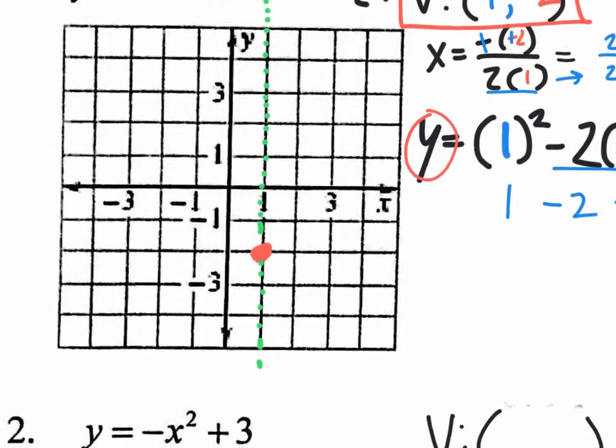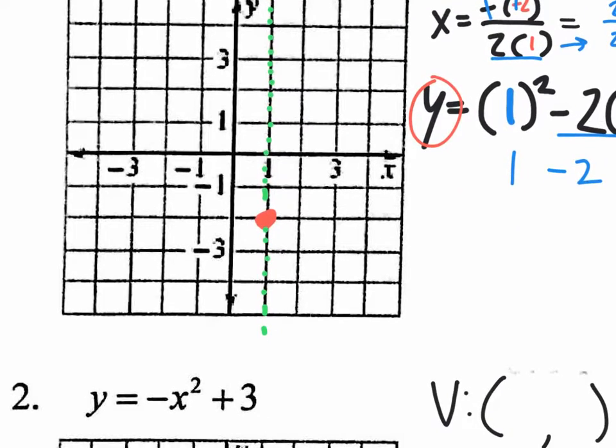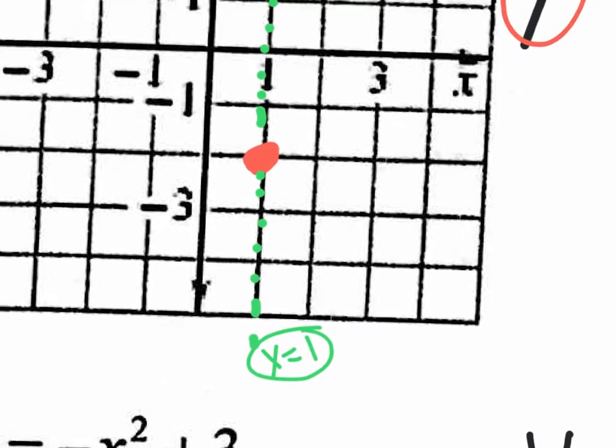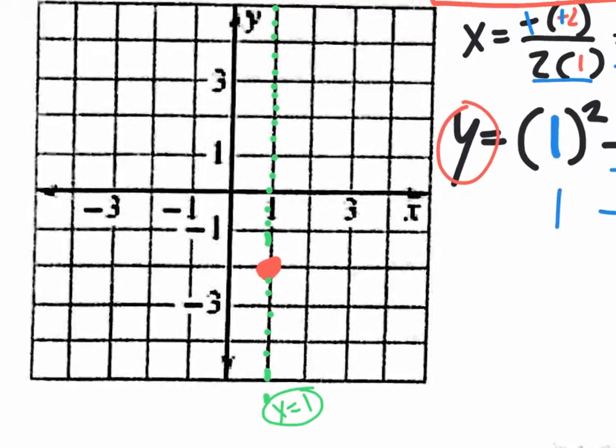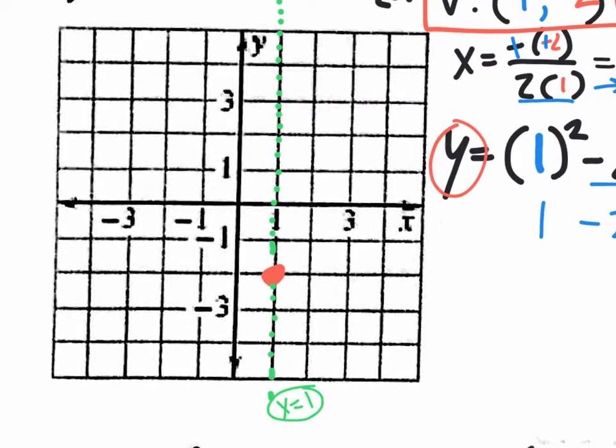Okay. If I wanted the equation, let's say they asked me for the equation of the axis of symmetry, that would be the equation x equals 1. It's the same thing as your x value of your vertex. That's the line of the axis of symmetry. And that axis of symmetry provides a reflection on both sides of that line. So we need some more coordinates.